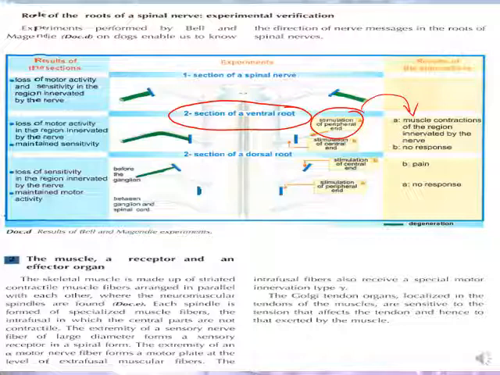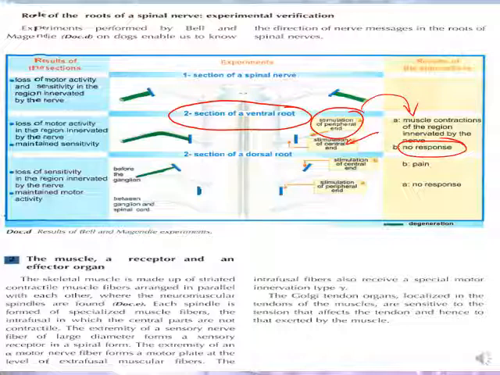So we have muscle contraction. While when we did stimulation of the central end, we have no response. Stimulation of the central end didn't give any response. So what does this indicate? This indicates that the ventral root carries the nervous message in a centrifugal direction.